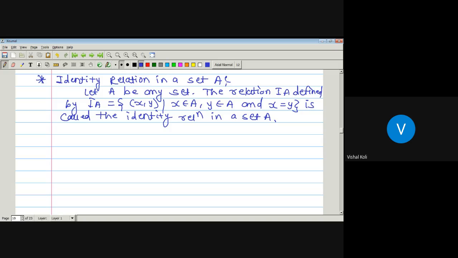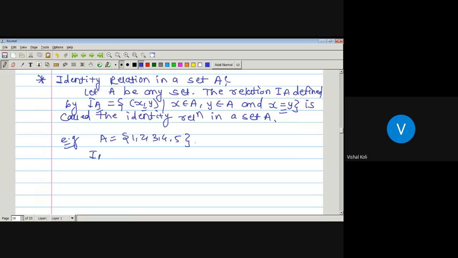Only these elements are present in the corresponding relation I_A, and then it is called the identity relation in a set A. For example, if A is a set which contains the elements 1, 2, 3, 4, and 5, and we have to find its identity relation, then it contains all the ordered pairs (x, y) such that x and y both are elements of A, and x must be equal to y.